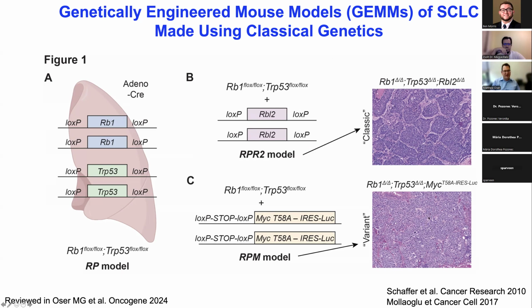The variant histology in cell lines, at least, had been described in the 1980s, in that they don't form spherical neuroendocrine spheres, but more clusters of cells, and some of the cells attach to the plate. This is what John Minna and others called the variant histology.